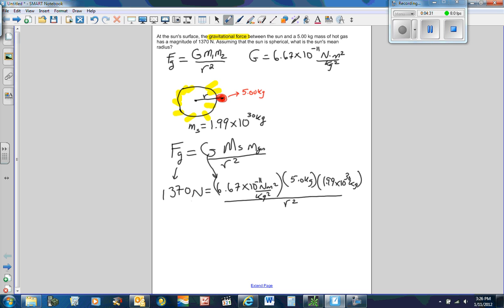And all I'm going to do is switch these two numbers here. This number, the unknown, is going to be switched with that. And I'm going to put this in my calculator and get a number.